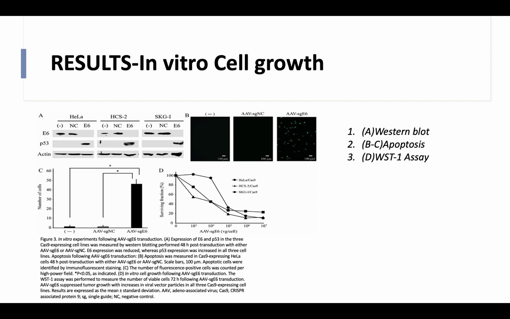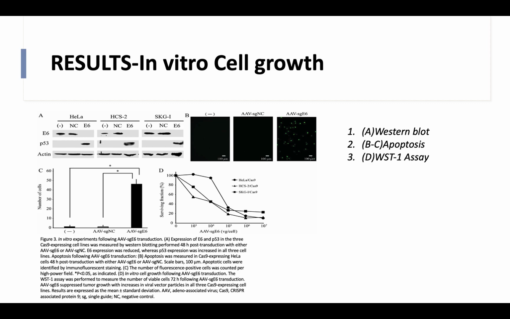In high-risk HPV positive cervical cancer, P53 has no mutation and is normally degraded, resulting in inhibition of apoptosis. But in this case, the suppression of E6 expression by Cas9 and vector SGE6 led to alteration of this pathway, resulting in the induction of apoptosis.